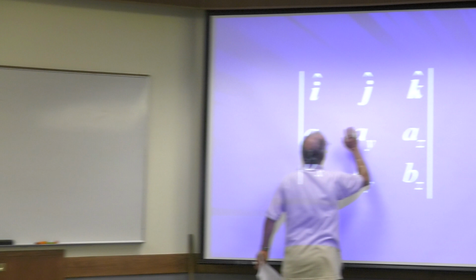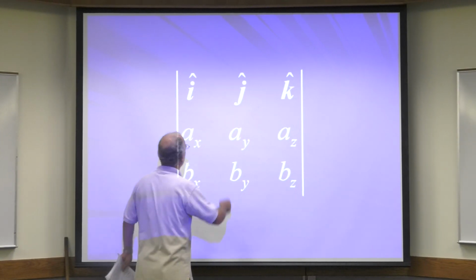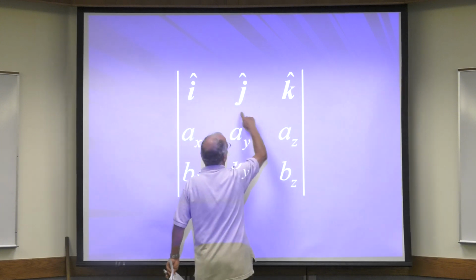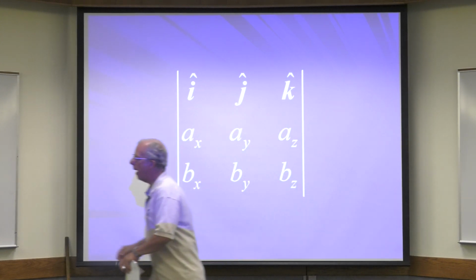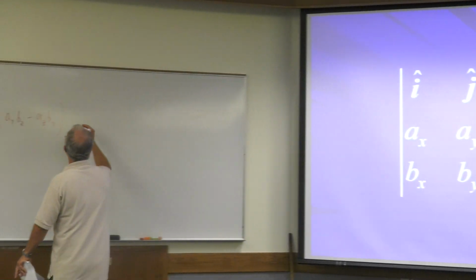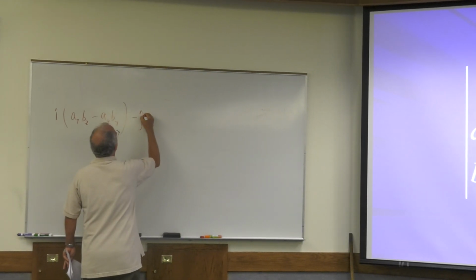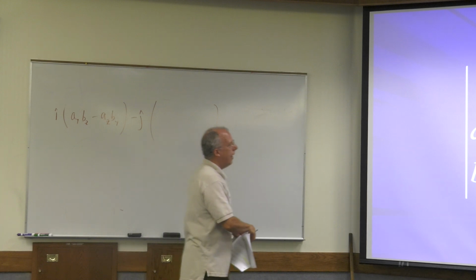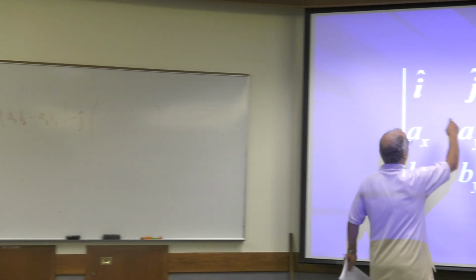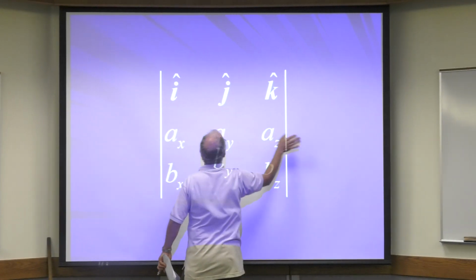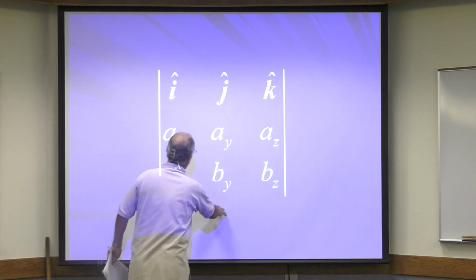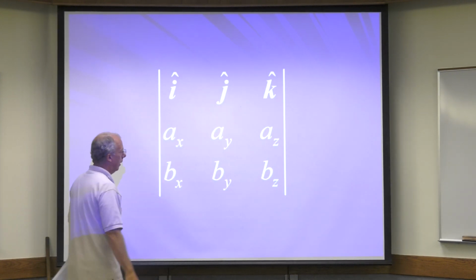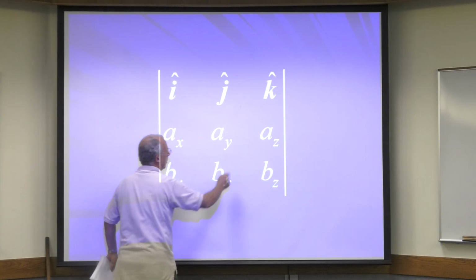Now I go here. So it's a 3 by 3, right? So it goes plus, minus, plus. If it were 4 by 4, plus, minus, plus, minus. So it's minus J, and then in your head, you're going to cross out this because it contains a J. You're going to cross out this because it contains a J. Now you have this and this left over, right? You have a 2 by 2 again. So it's just that product minus that product.